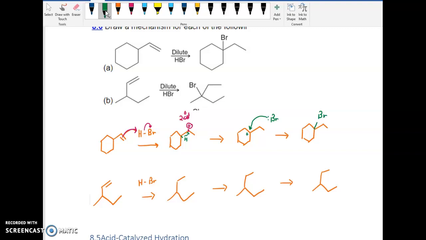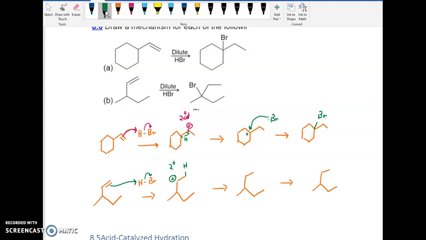So the same thing again, we've got pi electrons, they're going to snatch this proton, these electrons will go there. Now the hydrogen we just added is going to go on the end and make a positive secondary carbocation.